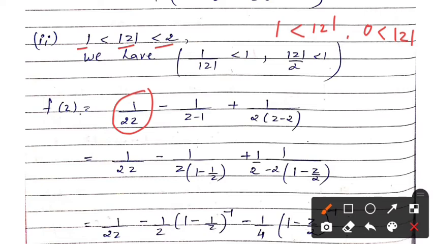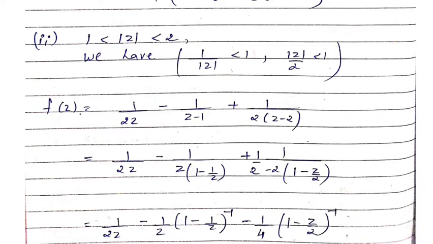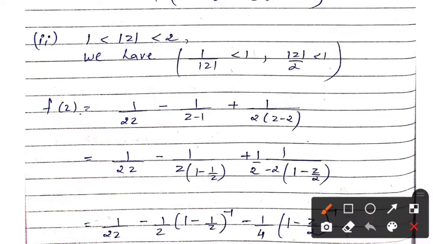Now let us move towards the second portion. Here you have 1 less than mod z. So if I want anything less than 1, I have to take this mod z to the denominator of 1. So I get 1 upon mod z less than 1, right?